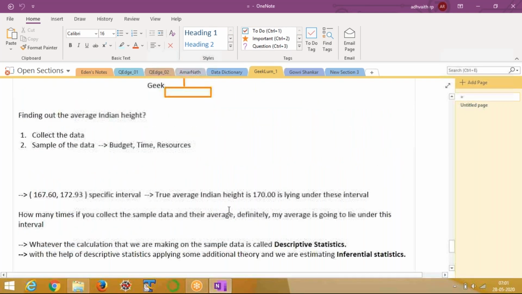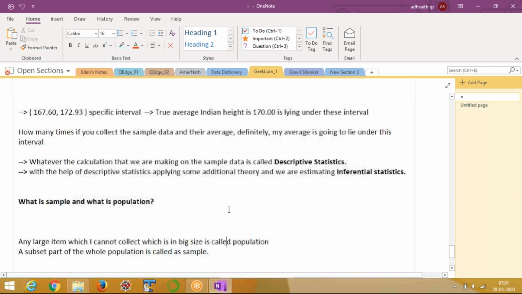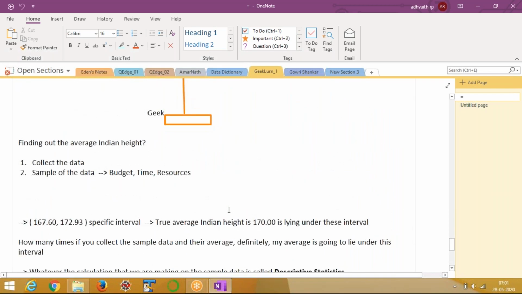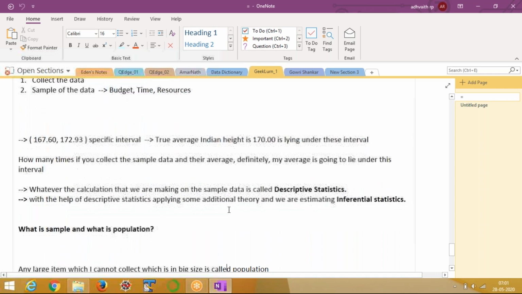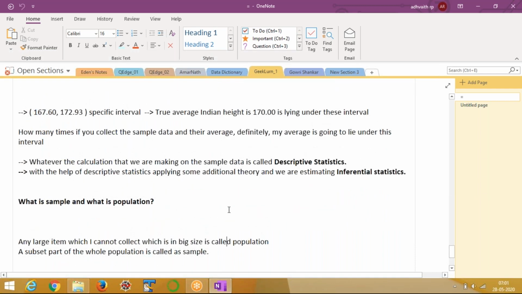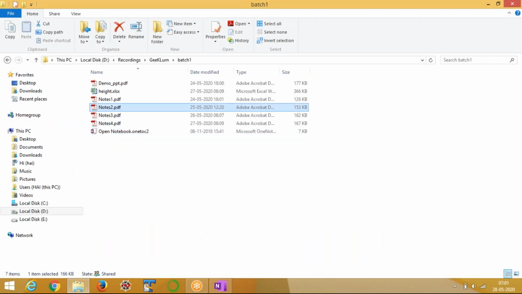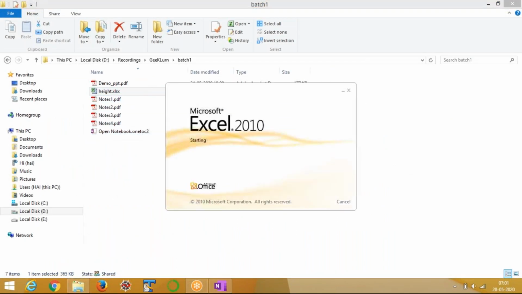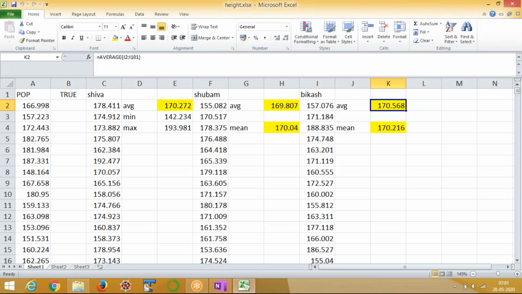Yes. So what I said, the differences between sample and the population. We took an example yesterday. In that example, we focused on how we collect the data for a reason, for a purpose.